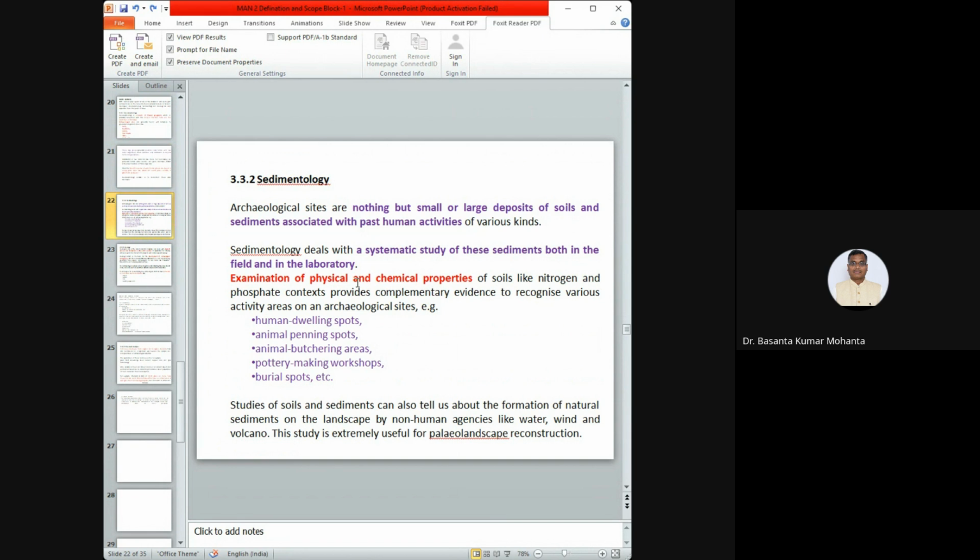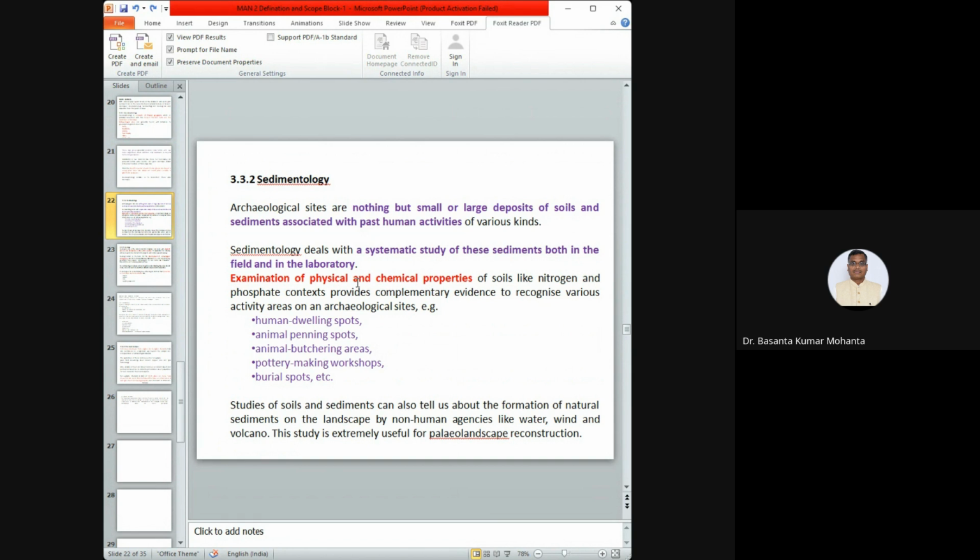So as we know, the archaeological sites are nothing but small or large deposits of soils and sediment which are associated with past human activities of various kinds. So when we analyze this, we see that wherever archaeological sites are present, these are formed usually by nature or by culture.